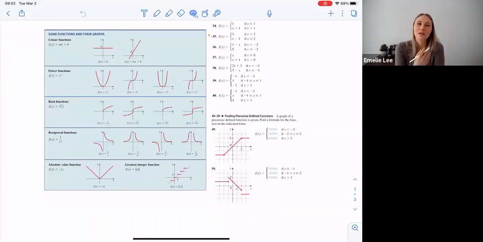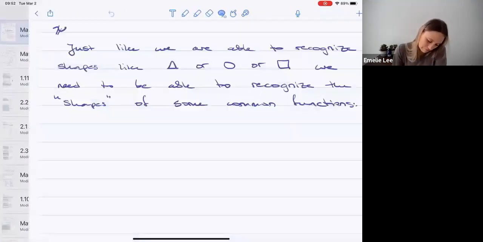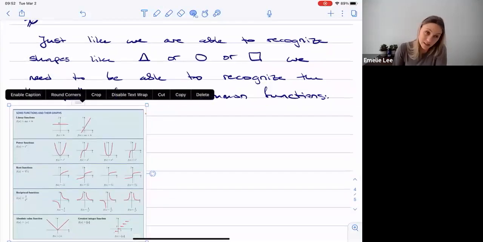Just knowing these shapes and what things look like is going to serve you really well. So it's worthwhile looking at these and approaching it like, well, I learned what a triangle looks like, so I can recognize a triangle. Okay, I learned what a root function looks like, an even root function, an odd root function. So we're just extending it.